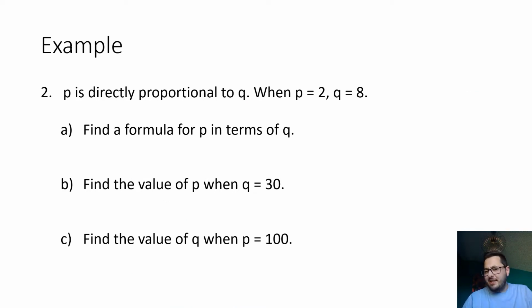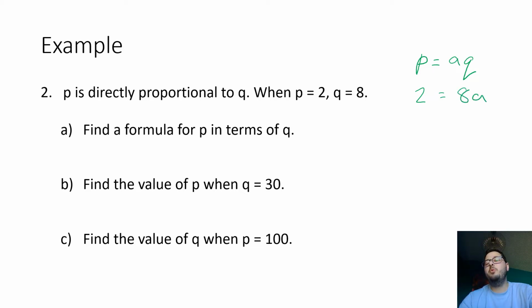Again, I don't think I said this, but feel free to pause the video and have a go yourself. But we've got that P is directly proportional to Q. So without reading any more of the question, I'm going to write P equals something times Q. Then it says when P is 2, Q is 8. So again, we can just plug these numbers in. So P is 2 and Q is 8, so 8a.